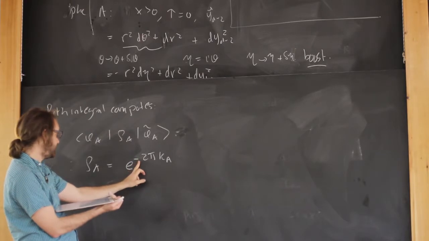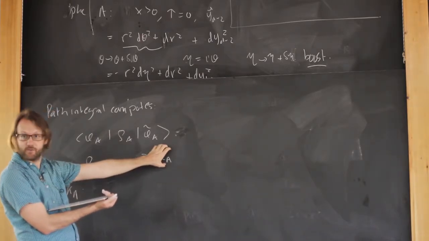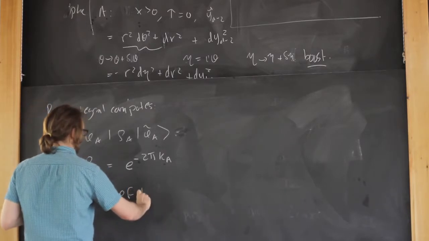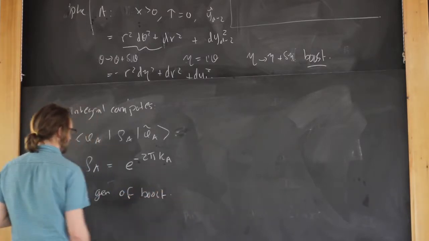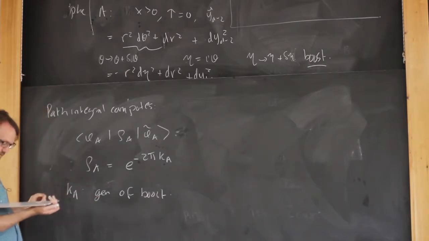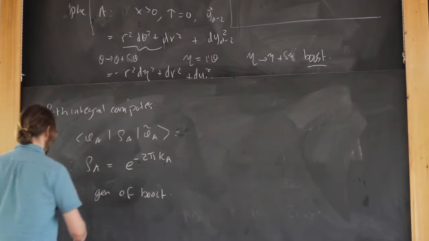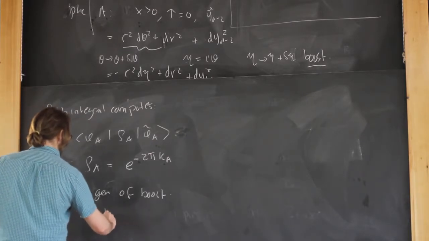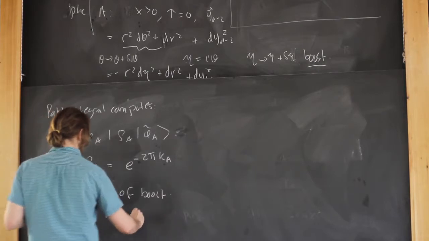This operator is not the generator of rotations, it's the generator of boosts, because I've effectively Wick rotated. Of course, this is the nicer object, so it's nice to write it in terms of this. Yeah, so it's sort of like a 2 pi i boost, if you like. So an analytic continuation of a boost.